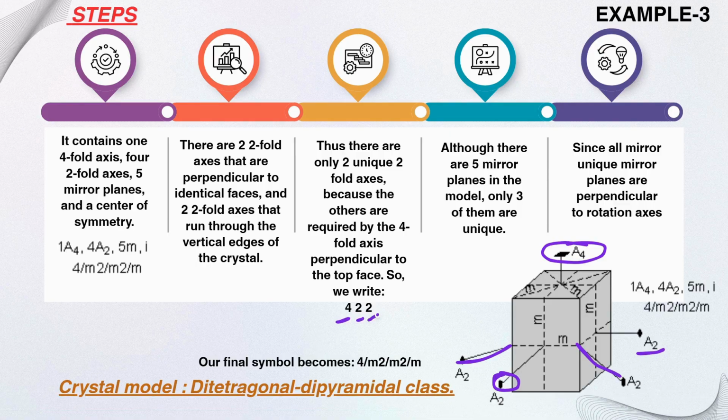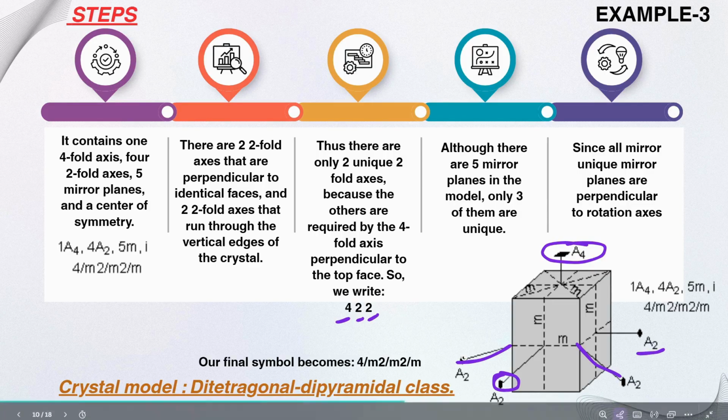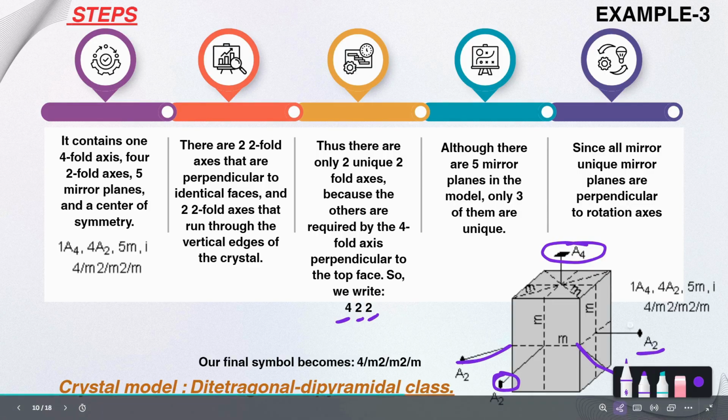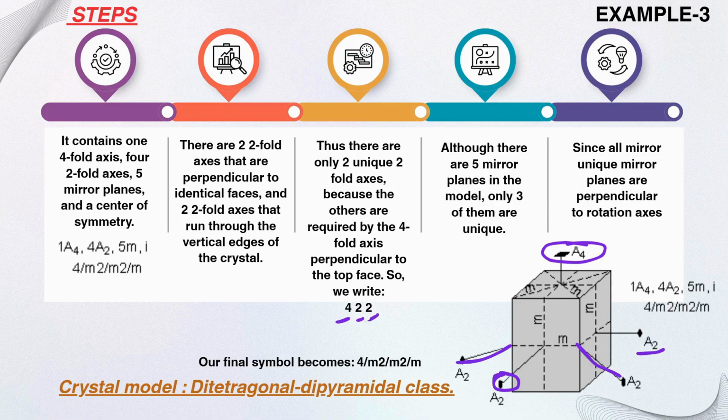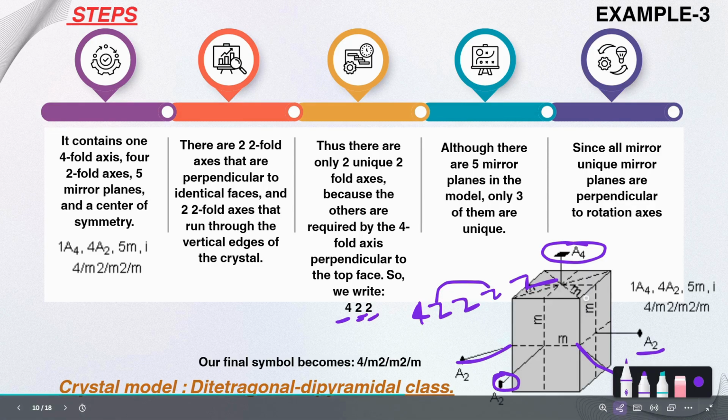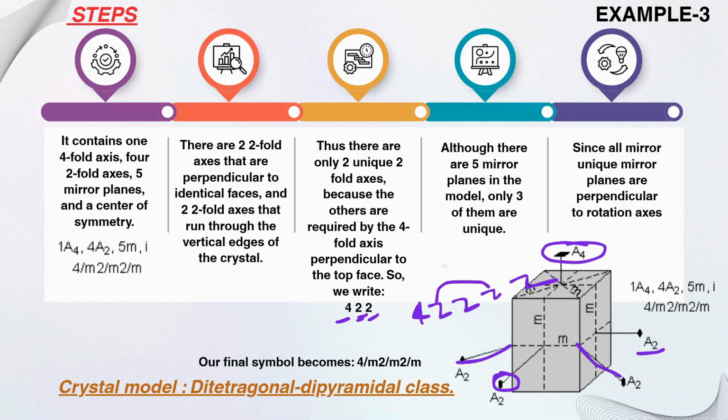4 2 2. Here you may ask, there are 1, 2, 3, 4, a total of four twofold axes, but we have written only two. Actually this is 4 2 2 2 2, but these two, where the A axis and B axis are passing through a similar set of faces, we take only one, because we take only identical faces.